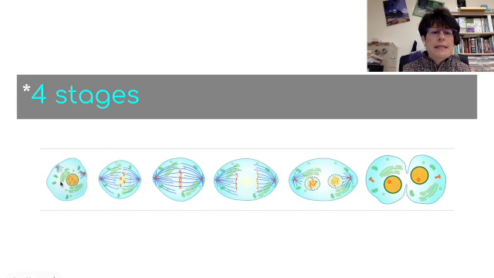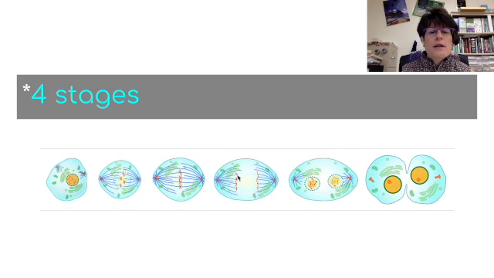This would be called interphase. This is the phase that the cell is in most of the time. This is prophase, where you have the spindle fibers forming, the chromosomes are visible, they're starting to line up, and the nuclear membrane is disappearing. Then we have metaphase, where the chromosomes line up in the middle.